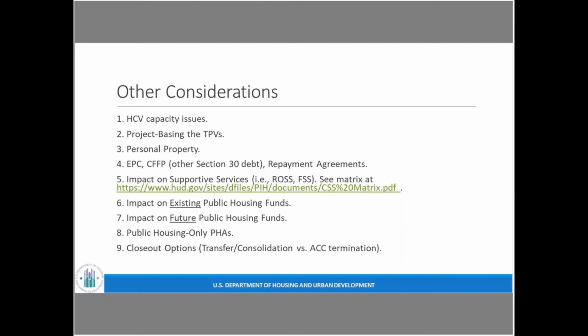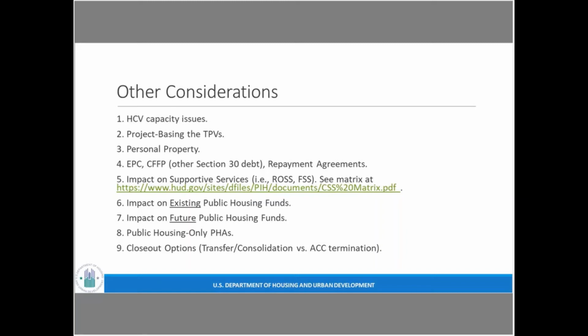HUD would fund the TPVs, but to a partnering HCV administering agency. There are some logistical details there, and HUD field office staff and other headquarters staff are available to help housing authorities facilitate those partnerships.